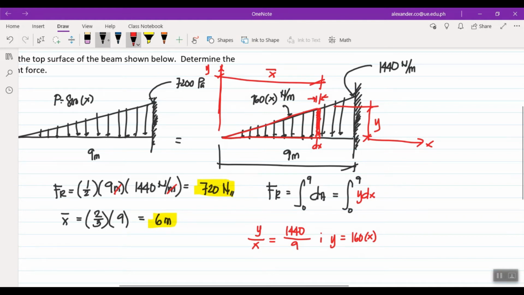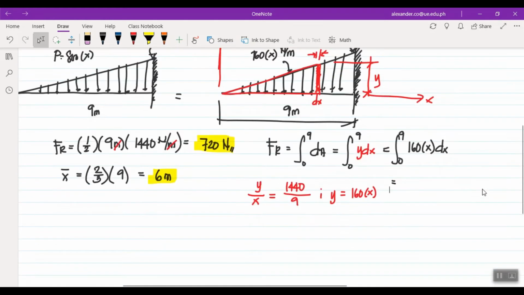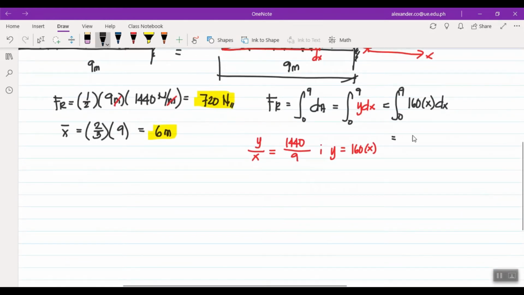So, let's continue. So, yung y, it's now 0 to 9. It's 160x dx. So, pwede na natin integrate yan. Okay? Paano natin integrate? So, it's 160 x squared over 2, di ba?